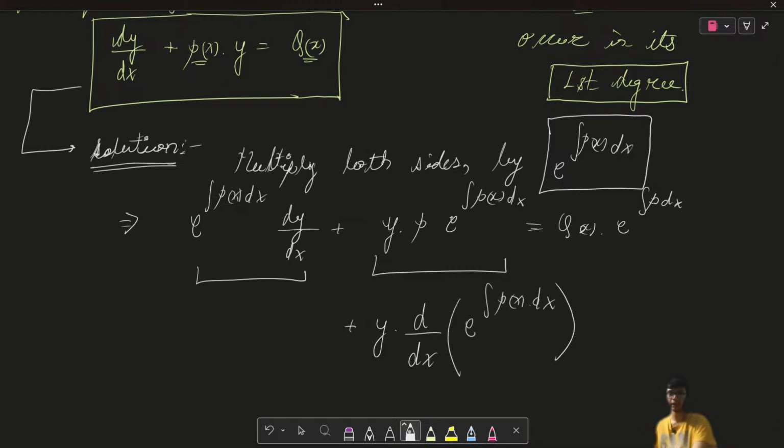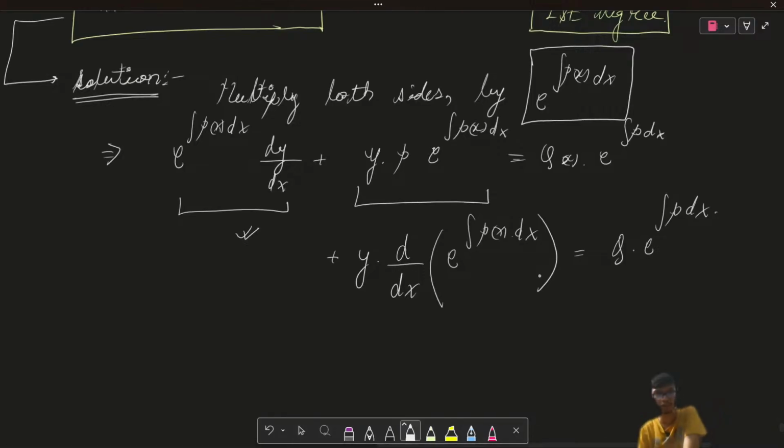If I consider y into e to the power integration of P(x) dx as one function, then when I differentiate it using the product rule, keeping e to the power integration of P(x) dx as constant, I differentiate y, and that is written here as the first part. Then if I differentiate e to the power integration of P(x) dx keeping y as constant, that is my second part, right? So this is equal to Q into e to the power integration of P dx. I hope this is clear.